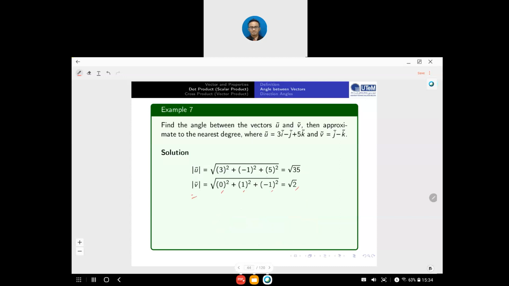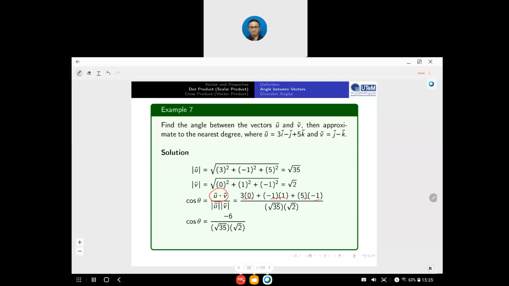Then you need to find U dot V: 3 times 0 plus negative 1 times 1 plus 5 times negative 1. Solving this, you get negative 6 divided by square root 35 times square root 2.